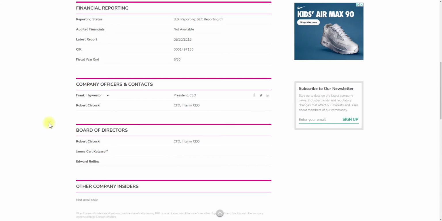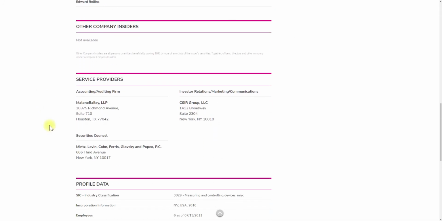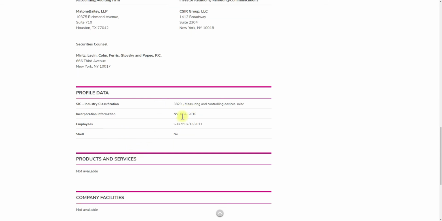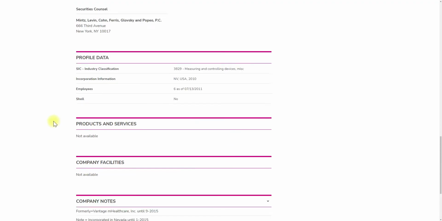It's important to check this out and make sure that the company gets this updated, and that OTC Markets updates this as well. All they have to do is fill out some forms. So this is their auditing and accounting firm that they use, their investor relations, marketing and commissions, and security counsel right here. Profile data as well, and company notes.